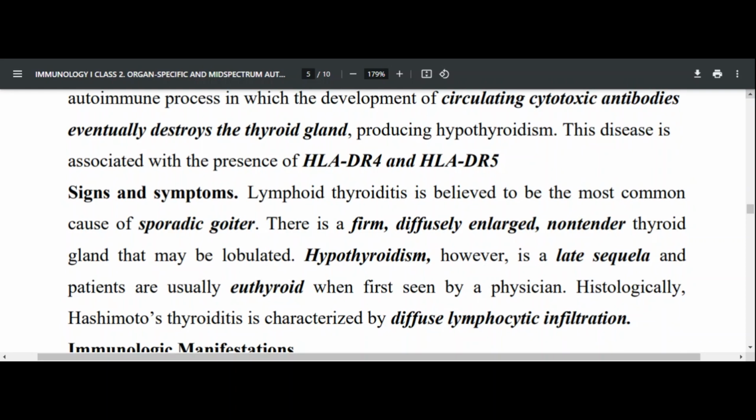That's what we call goiter. Hypothyroidism, however, is a late sequela, and patients are usually euthyroid when they first visit a physician. They may be thyrotoxic, which means hyperthyroid, in Hashimoto disease only at a very early stage of the disease.